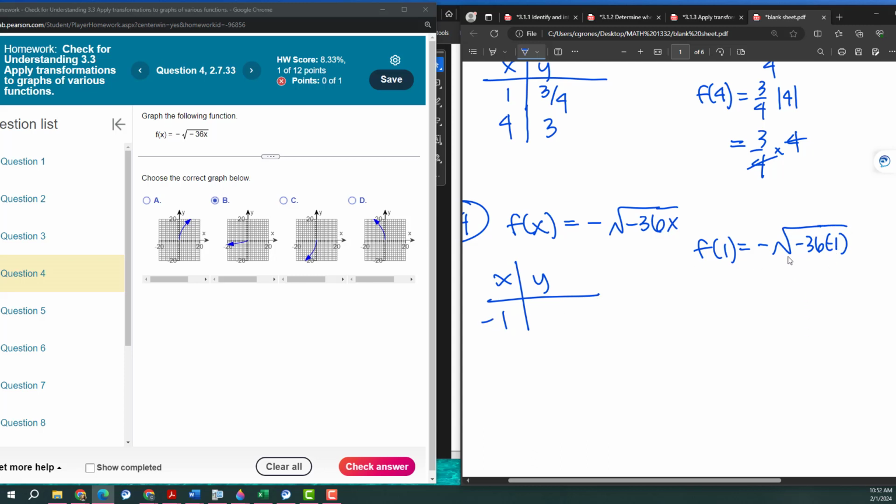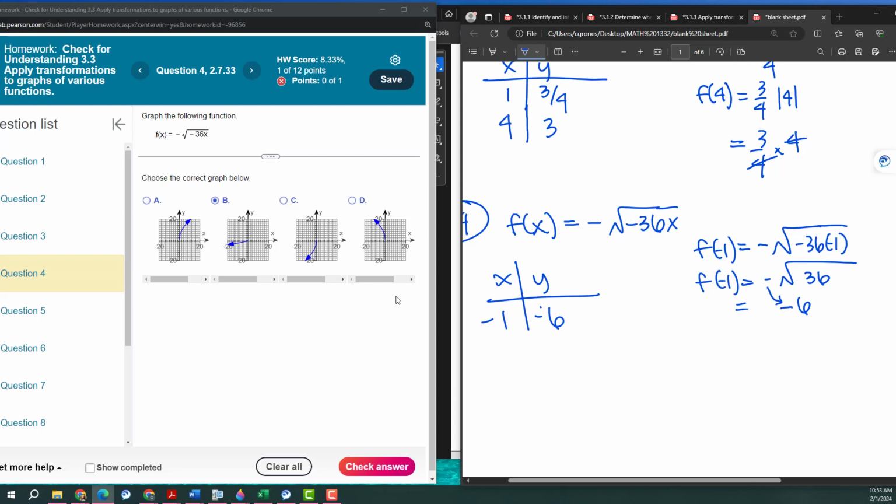So f of negative 1 equals negative square root of 36. Our square root of 36 is 6, but we have our negative that we have to bring down. So where x equals negative 1, then y equals negative 6.